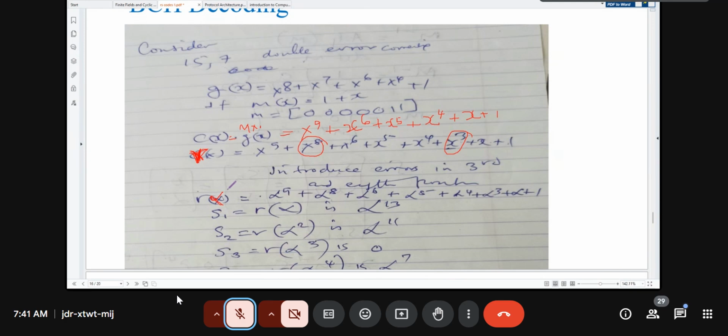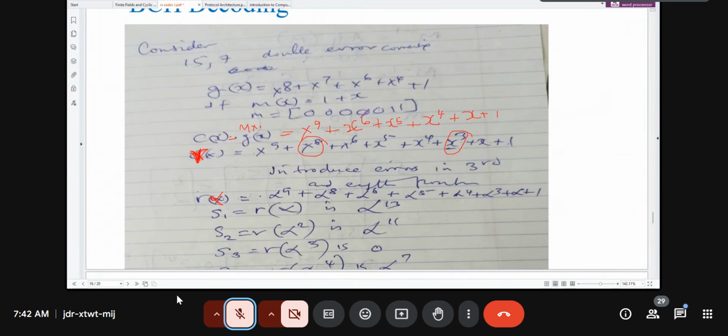Remember, alpha is what we call the primitive element, and it's supposed to be a root. So this should actually work out to 0.